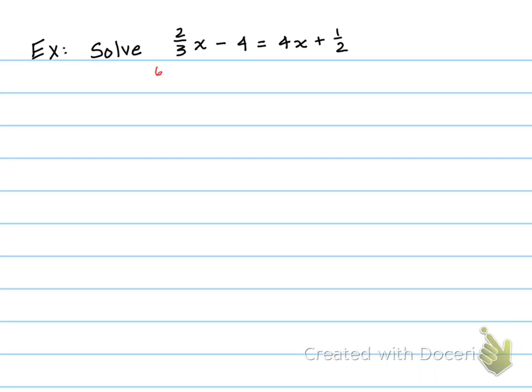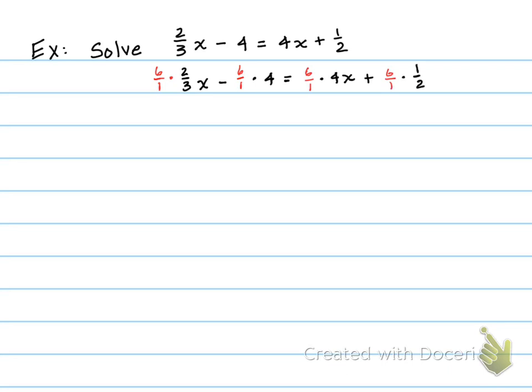So we have 6 over 1 times 2/3 x minus 6 over 1 times 4 equals 6 over 1 times 4x plus 6 over 1 times 1/2.